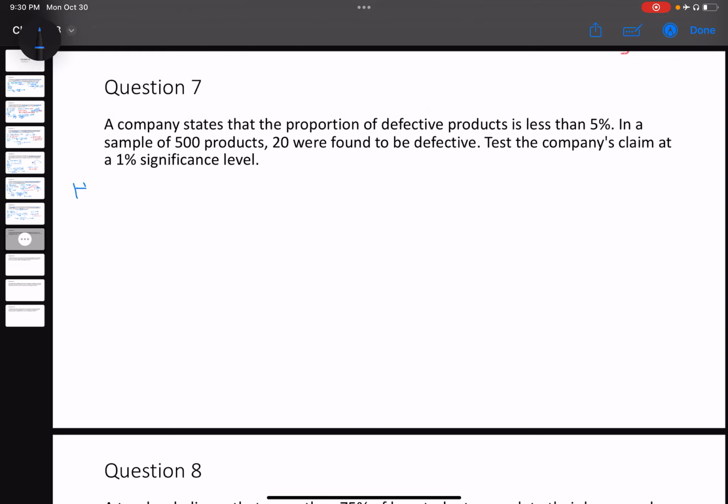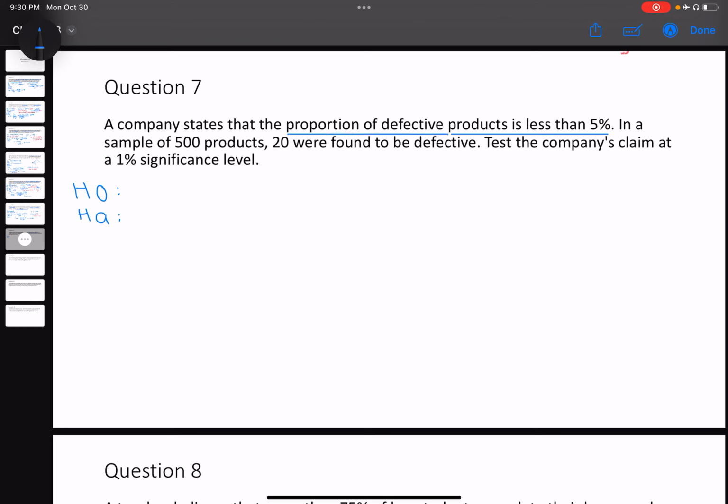Again, null hypothesis and alternative hypothesis are the first thing to write down. Less than 5% proportion of defective products.